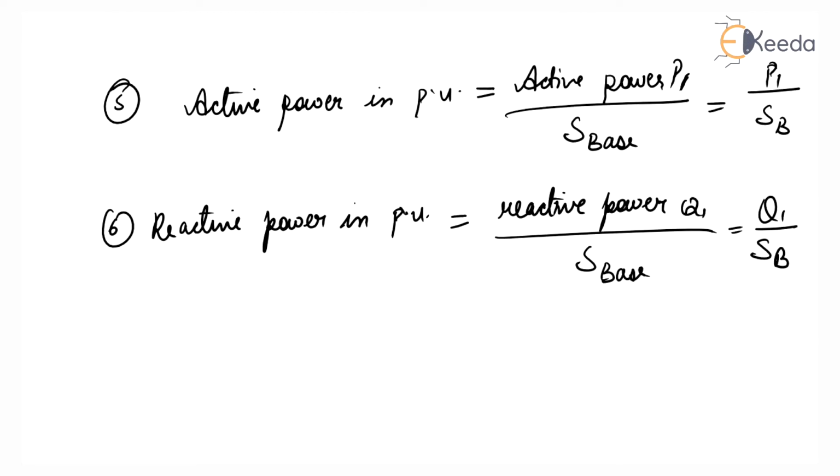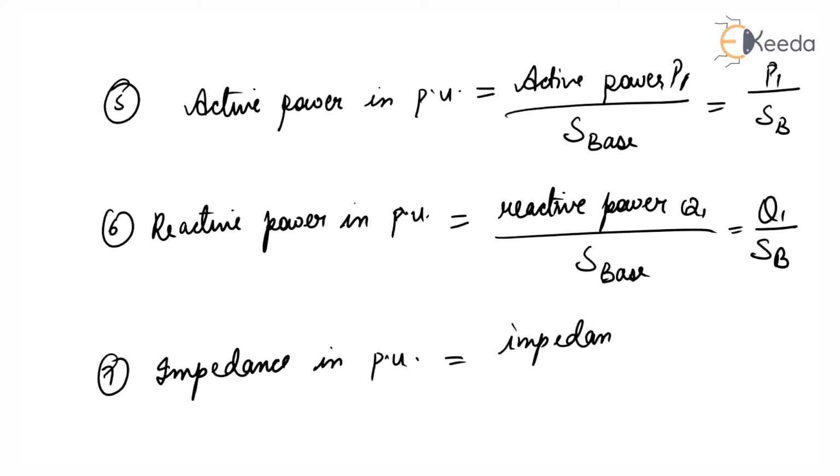Now impedance in per unit is equal to impedance Z1 upon Z base.